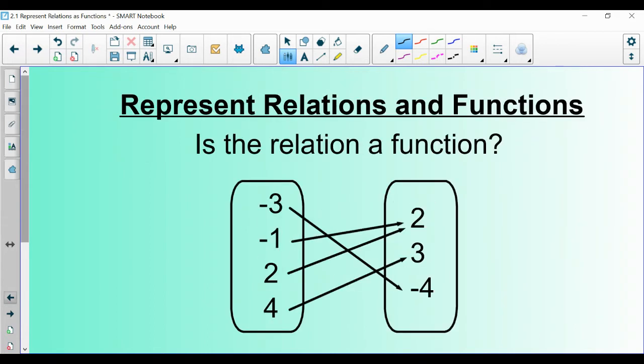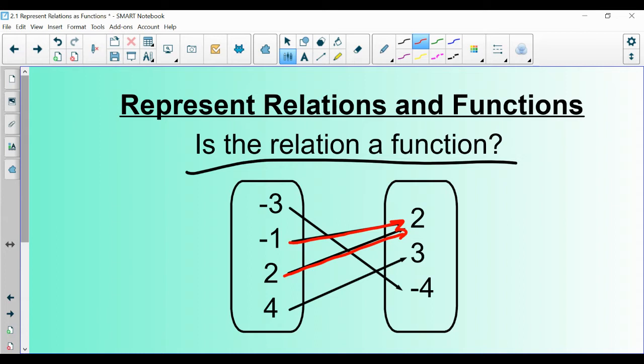So let's look at this mathematically. Is this relation a function or is it not a function? The thing that perhaps would be weird about this one is we notice that -1 and 2 both go to the output of 2.